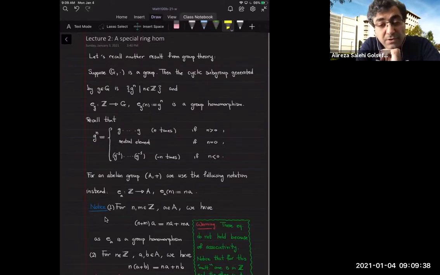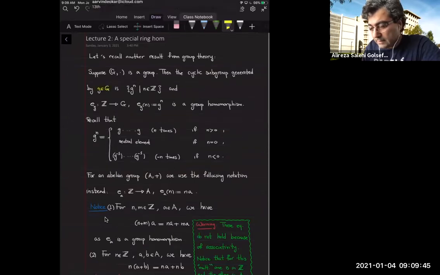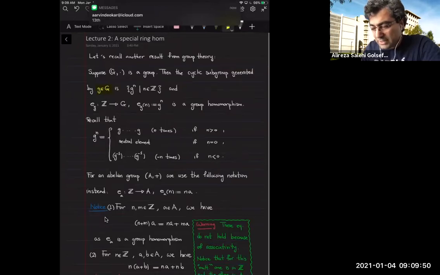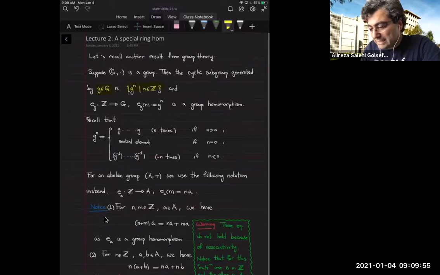In group theory, you learn that cyclic subgroup generated by the element G, small g, consists of elements that are powers of G. So to be more precise, it is precisely g to the n, as n varies inside the set of integers. In fact, you've seen a stronger statement. You've seen that from the ring of integers to G, we have a group homomorphism.